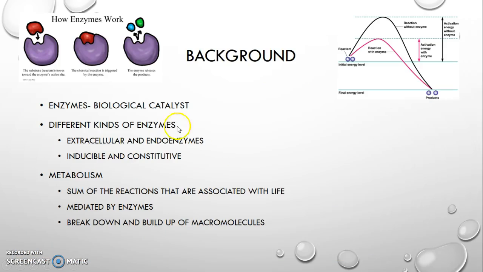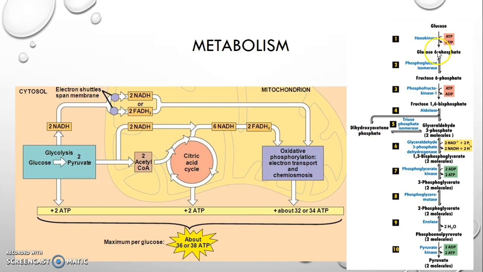Like we saw in the last slide, this substrate goes to this enzyme and releases these products, and that step is this step right here. These products then become the substrates of this enzyme to produce this product, and this product then becomes a substrate of this enzyme to produce this product, and so on, all the way down until you reach pyruvate.